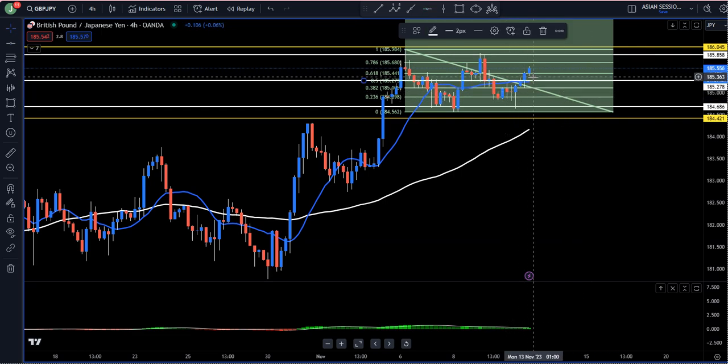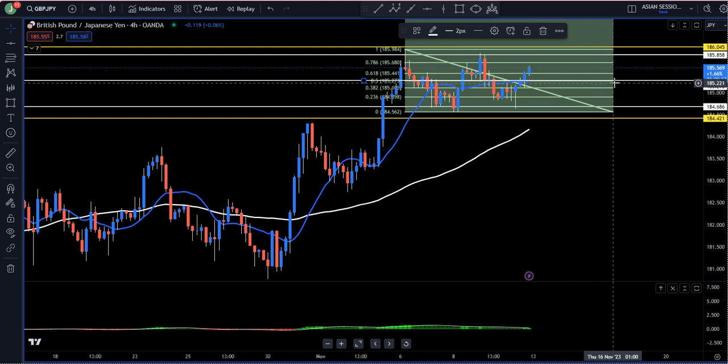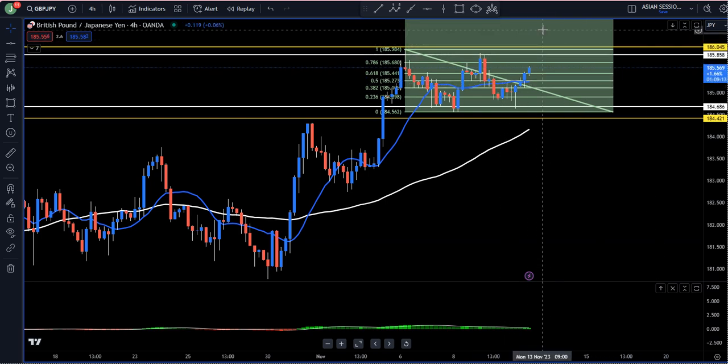So in relation to the 50, price has broken the 50, closed above the 50, and we've actually pushed up to the 61.8, which is where we are now. We're above that. So again, that is also bullish confluence. So everything is supporting this bullish movement.